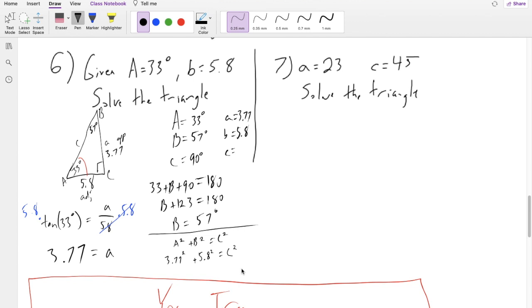I'm going to put the left side into my calculator: 3.77 squared plus 5.8 squared, and answer. So I get side C equals 6.92.